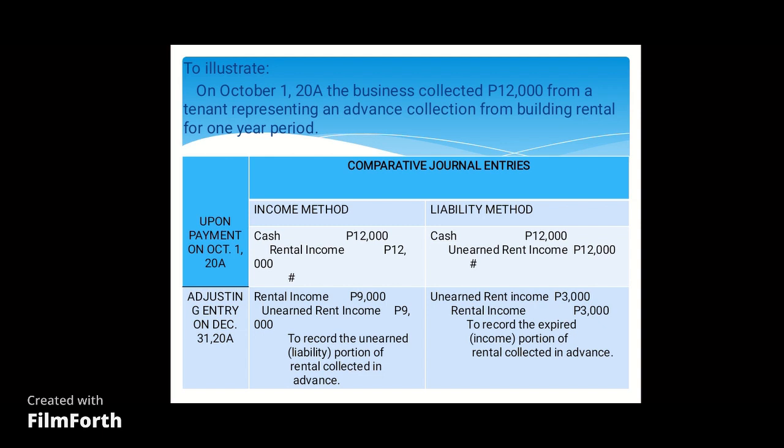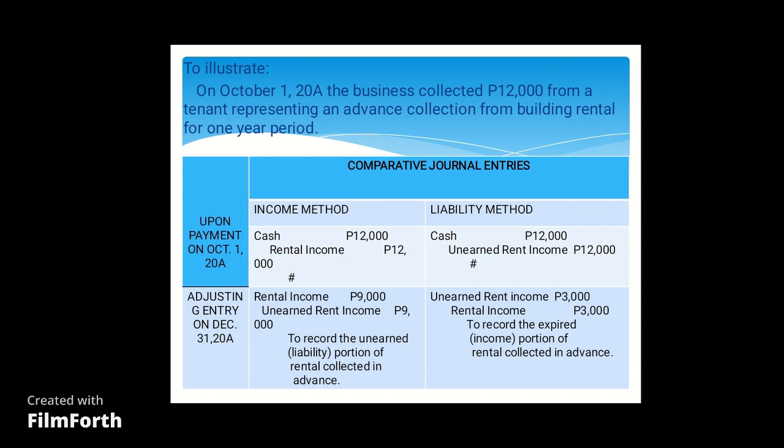So, the effects on financial statements under liability method. If no adjusting entry is prepared, the whole amount of 12,000 will be charged to liability or unearned when in fact 3,000 is earned portion or income. Since the earned or income portion could not be recorded without the said adjustments, income is understated and liability is overstated.